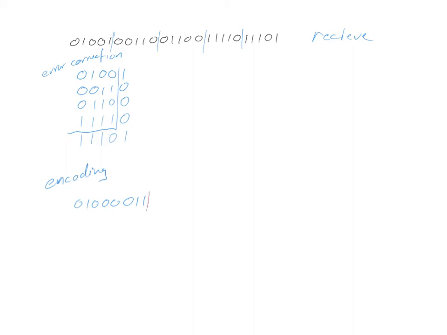There we go. And then the next one is 0, 1, 1, 0, 1, 1, 1, 1. All right, and then I'm going to draw another line there because there's more message coming. But now I've got these two, and I can decode them into letters.